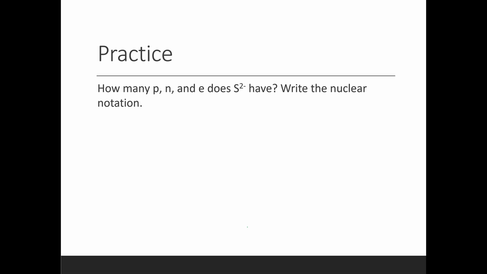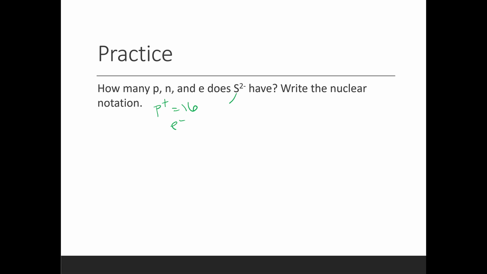All right, so S2-, first thing we need to figure out is what the heck is S? So hopefully on your periodic table you found sulfur, which is S. It is atomic number 16. So since the atomic number is 16, I know off the bat that's how many protons it has. Electrons is a different story.